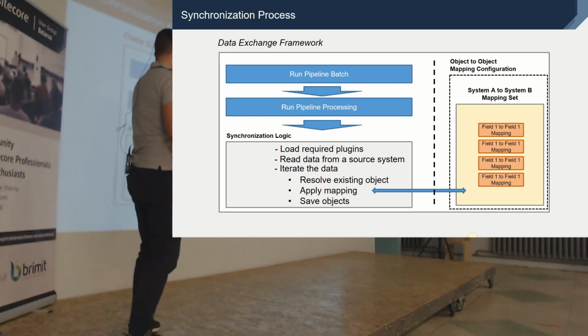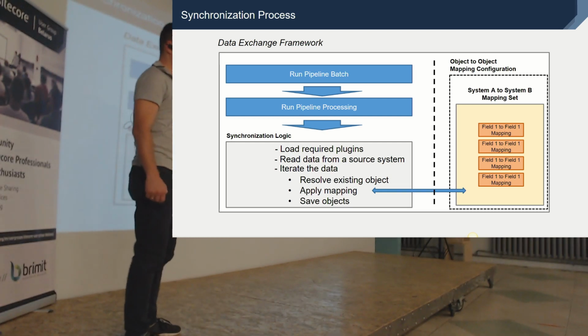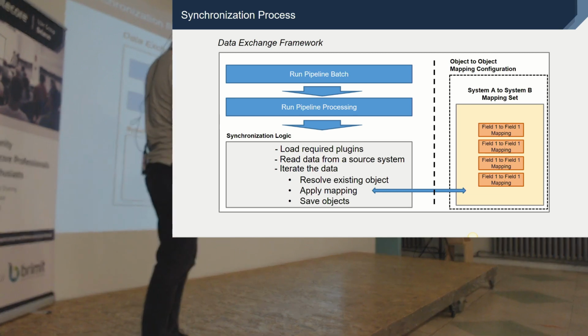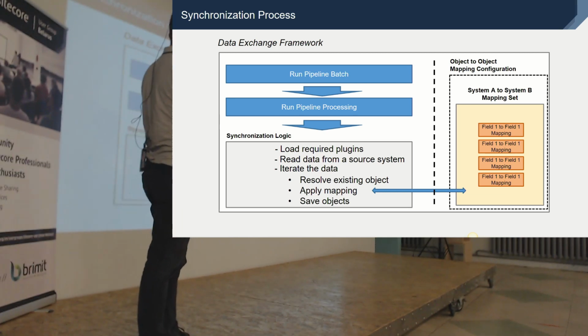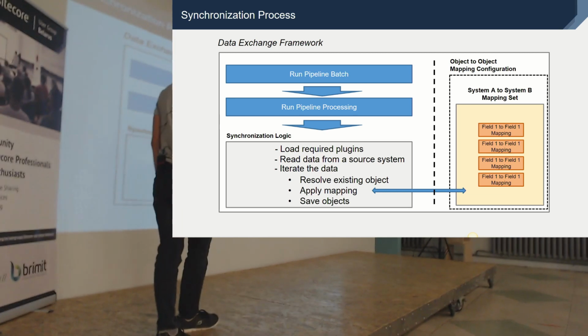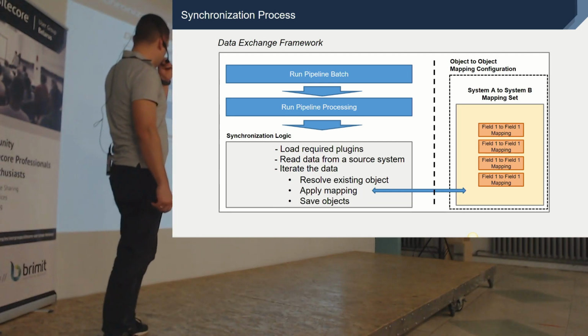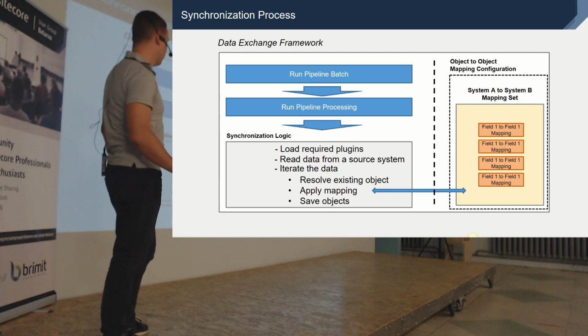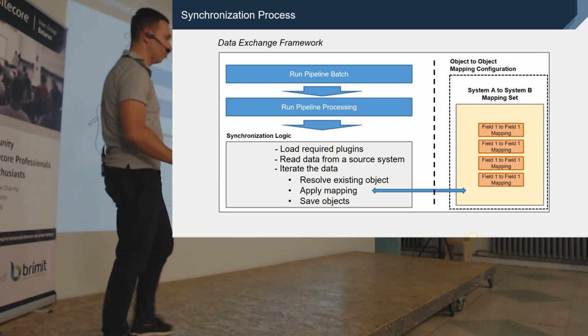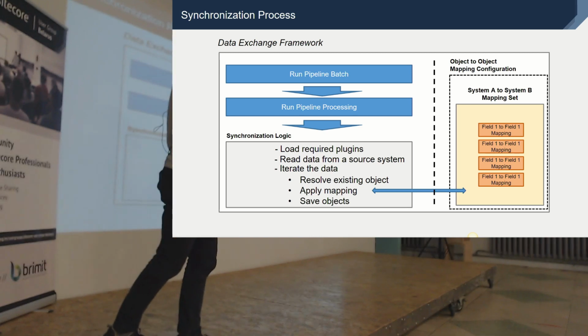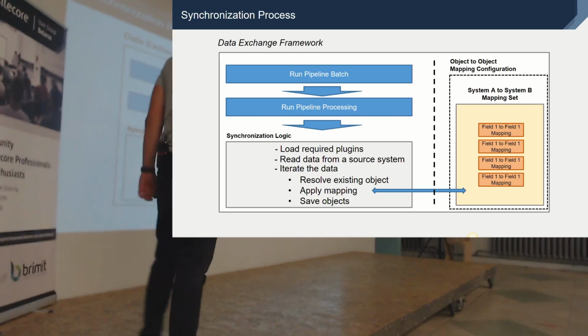And then we just need to save our objects. So that's some general information about how the synchronization happens. There can be many more steps that we need to implement for more difficult integrations.